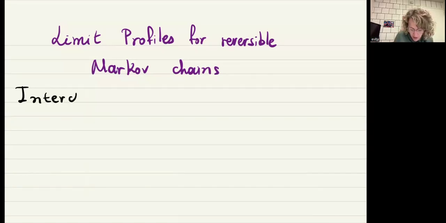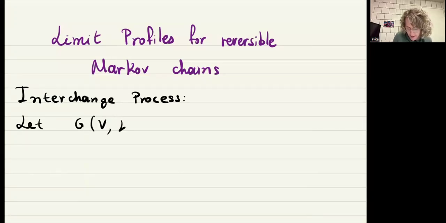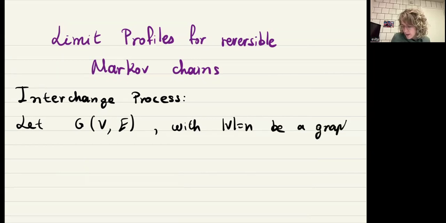So the interchange process goes as follows. You start with a finite graph, in my case, with vertex set V and edge set E. Let's say that the size of the vertex set is N. What you do for your process is pick an edge uniformly at random.